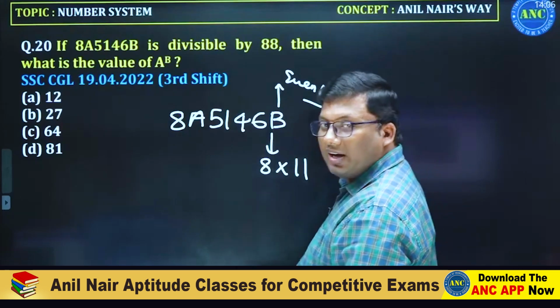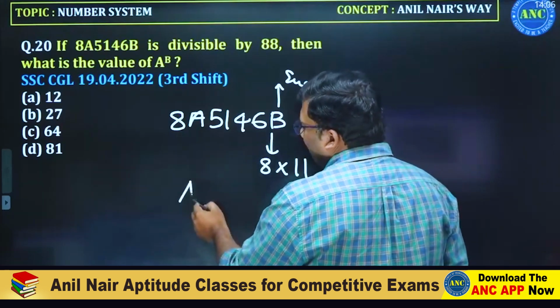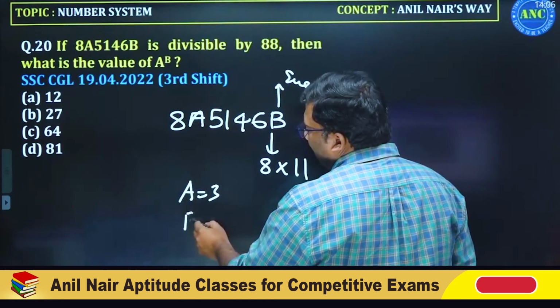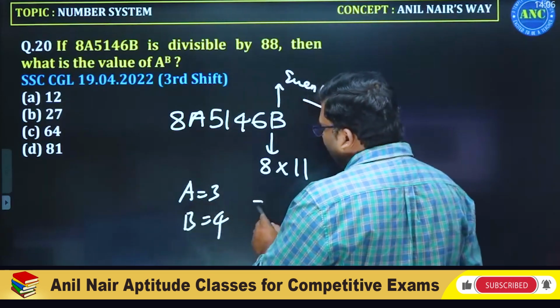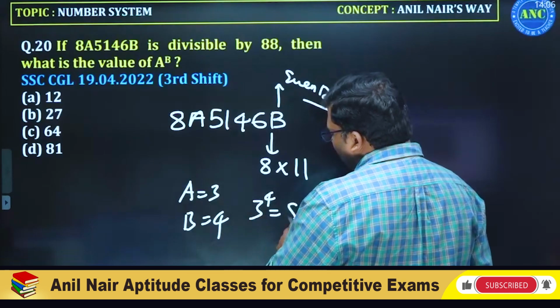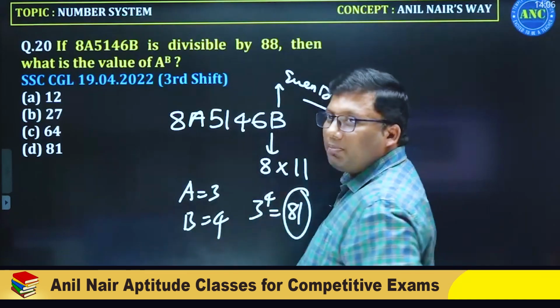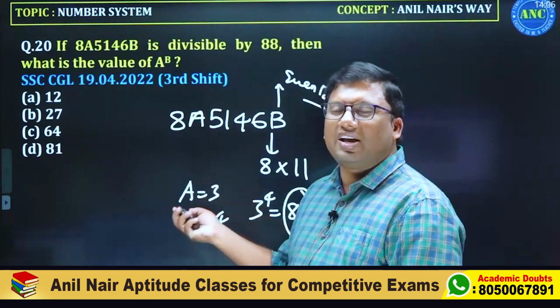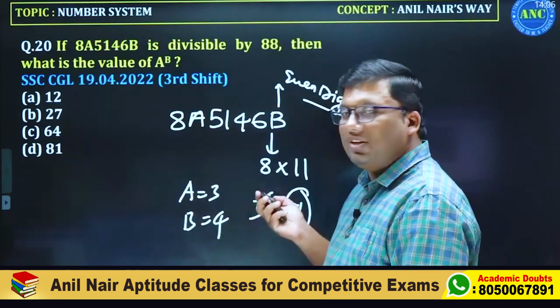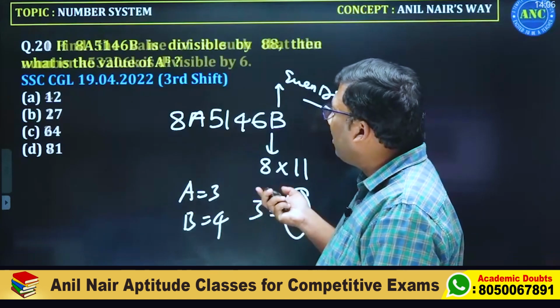Now, already we solved this question. A we got as 3, B we got as 4. So the question is A power B. 3 power 4 is 81. I hope the idea is clear. Already from the same equation we found the values of A and B.